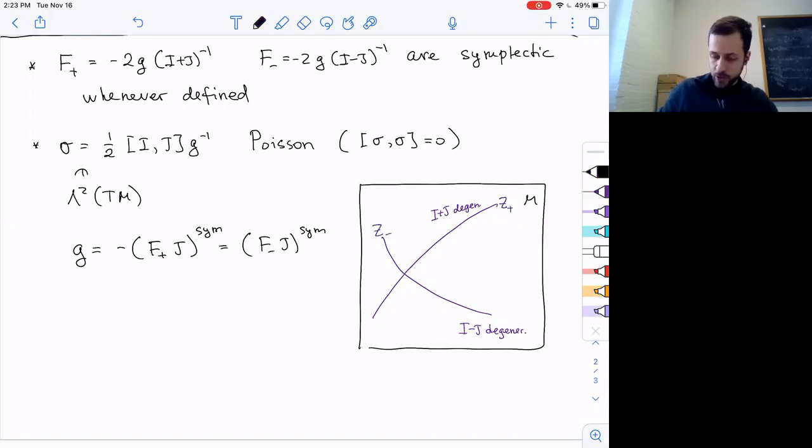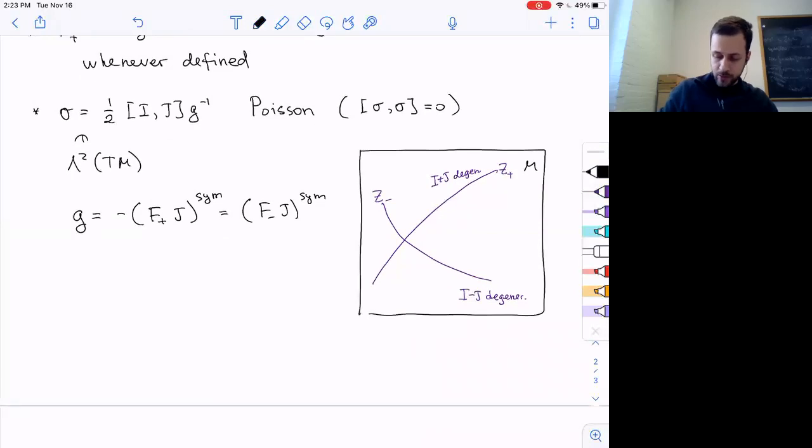However, what you can always show is that these are rigid. You can demonstrate that the union of Z plus and Z minus is simultaneously I and J analytic.